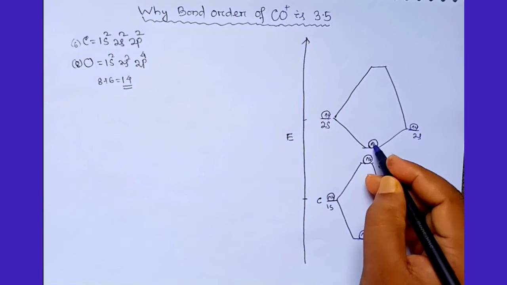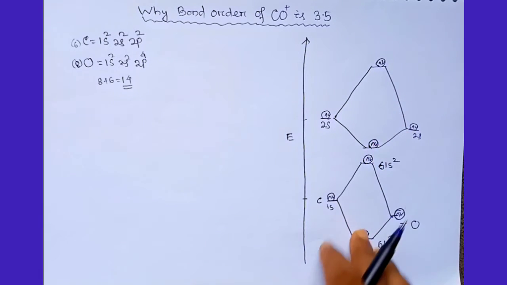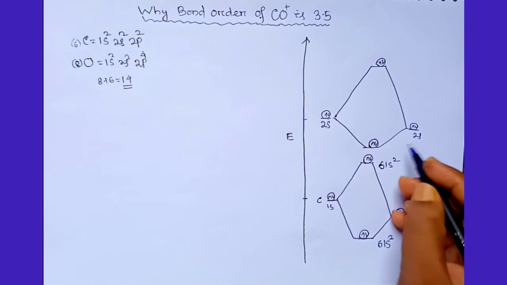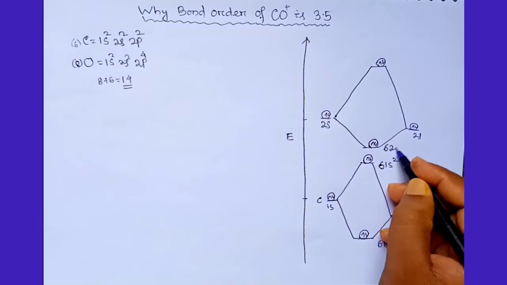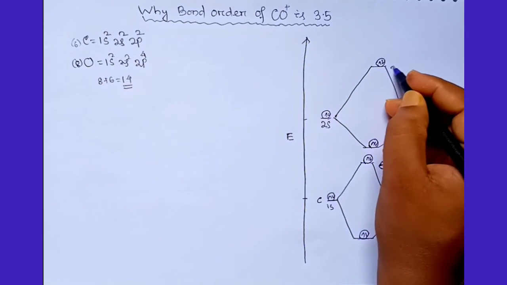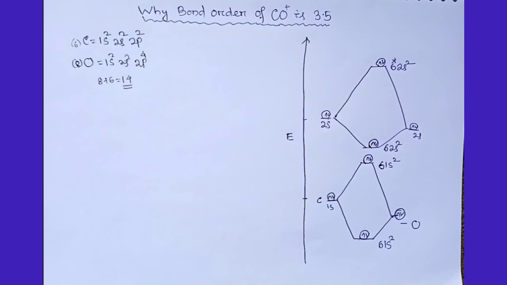So we will put 2 electrons here, and 2 electrons here in the anti-bonding molecular orbital. This is called sigma bonding molecular orbital and this is called sigma anti-bonding molecular orbital.